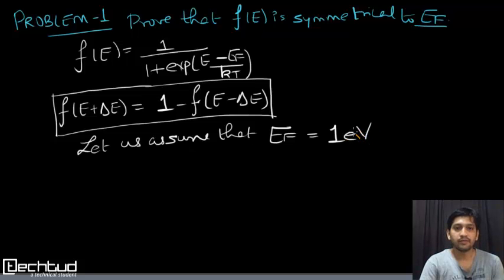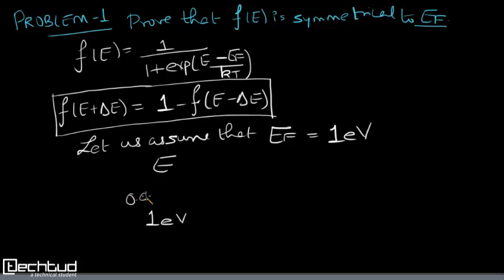Now put different values of E for this case. Let us say E is 1 electron volt, and we take values symmetrical about EF. Let us say E is now 0.98 electron volt, and with the same symmetry, 1.02 electron volt.